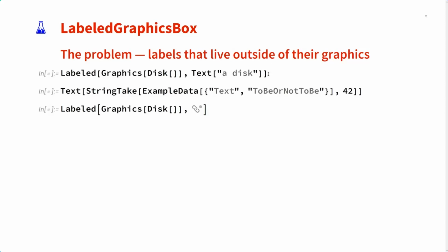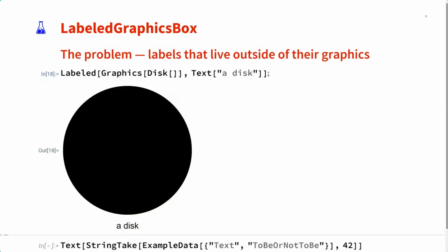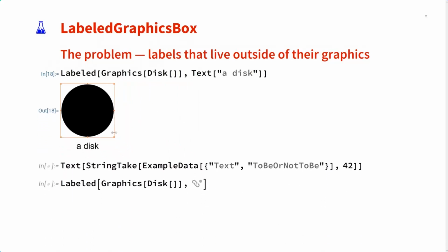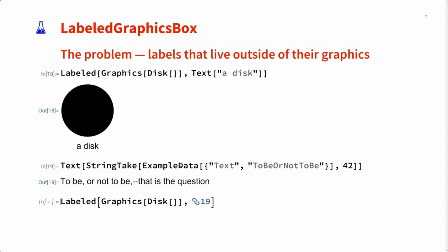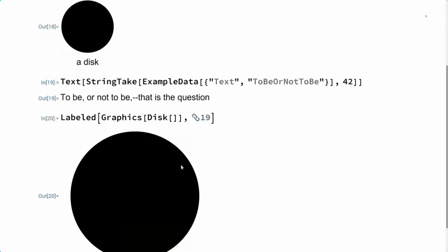So this is trying to solve a problem. What is the problem? Well, we have a label here. That's fine. But when you select the graphic, the selection for the graphic didn't include the label. That's sort of interesting. Not even when I resize. And that has some unpleasant properties.